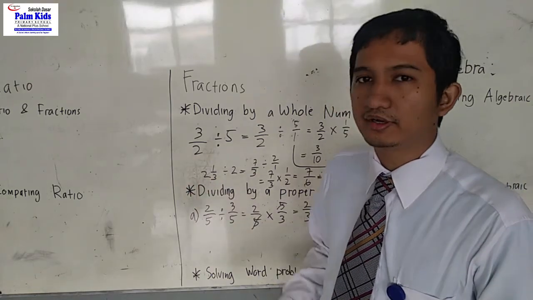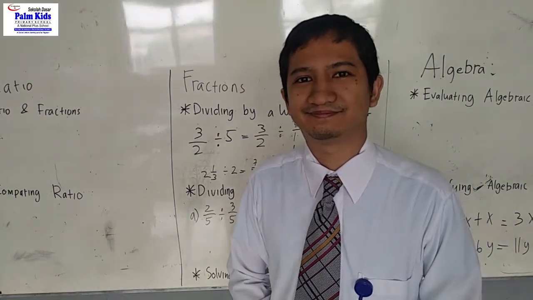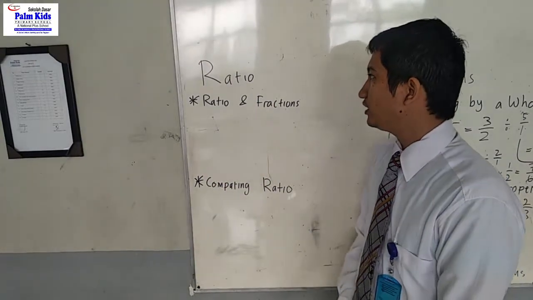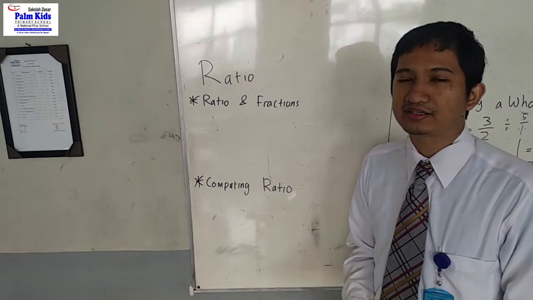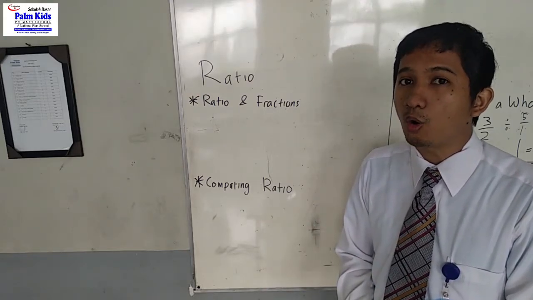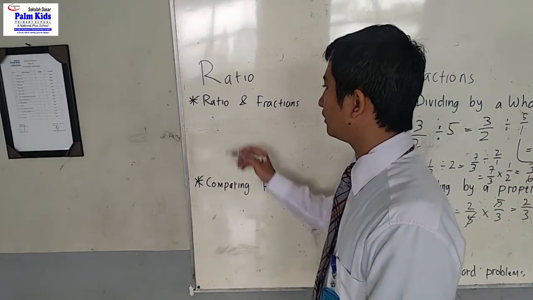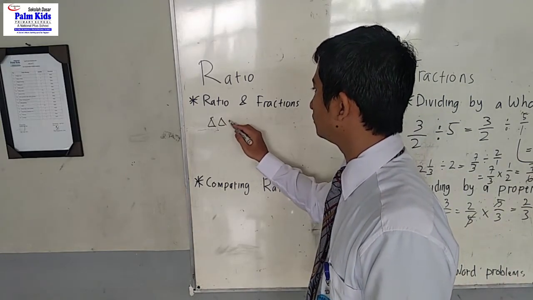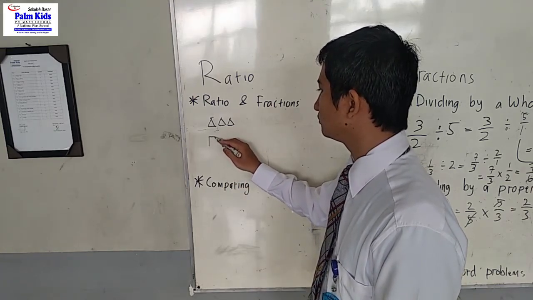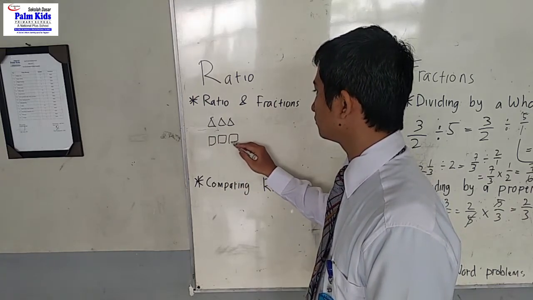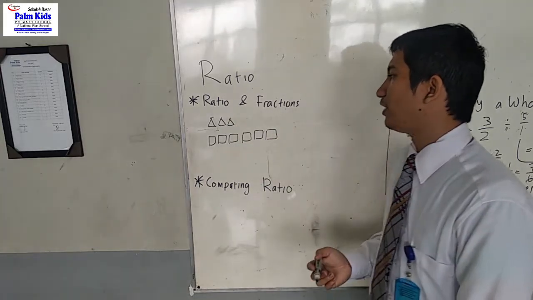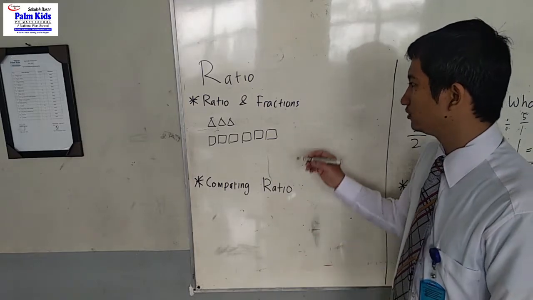Okay, next we're going to learn about ratio. Okay, class, now we have ratio. Ratio is simplifying fraction into its simplest form, but it's not a whole number. For example, there are 3 triangles and 6 squares.